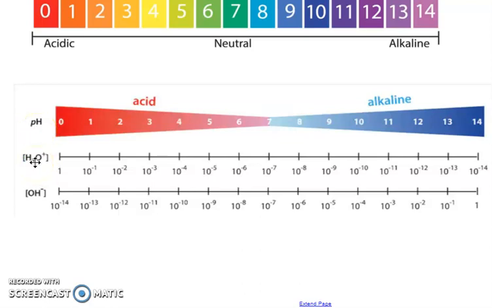Anyway, hydrogen ion concentration, hydronium ion concentration, is talking about pH. OH is talking about pOH, and that's not on this scale. Right here we're talking about 10 to the negative 1 power, and this is 10 to the 0 power, which is just 1.